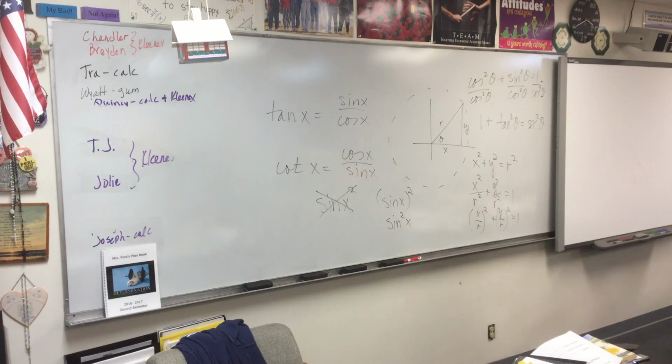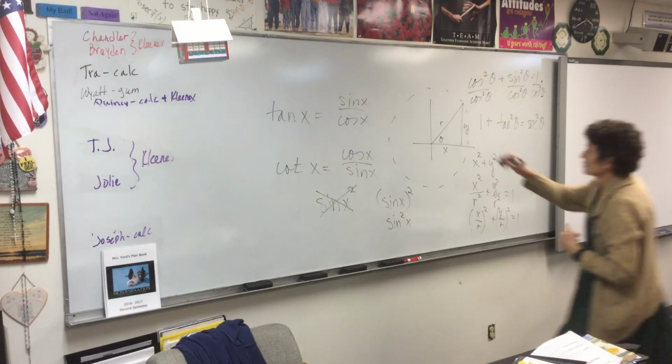What happened with the cosine? When you input the negative, it didn't matter. You got the same answer back again, didn't you? That's the difference between an odd and an even function. In odd functions, negative in means negative out.